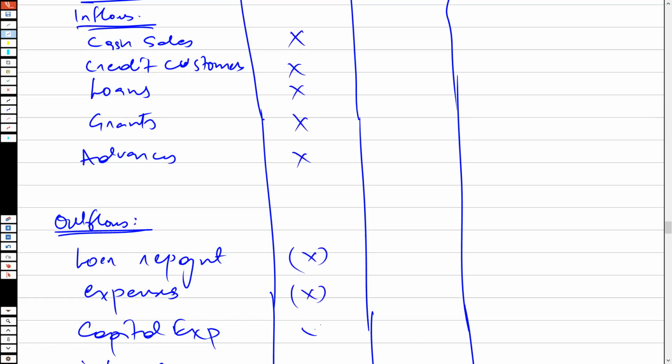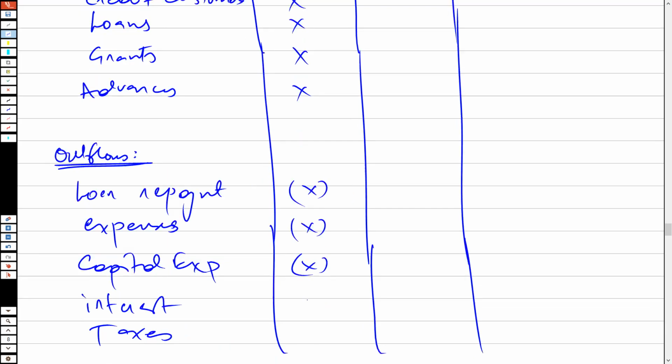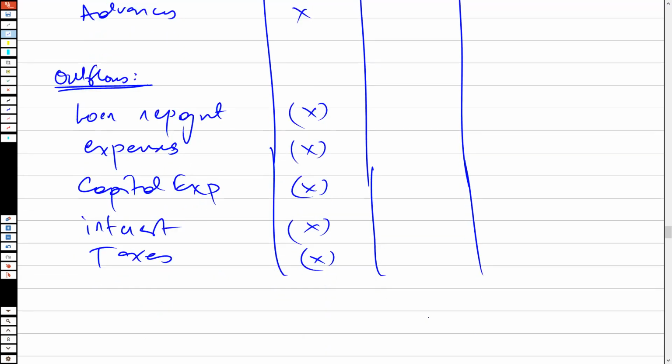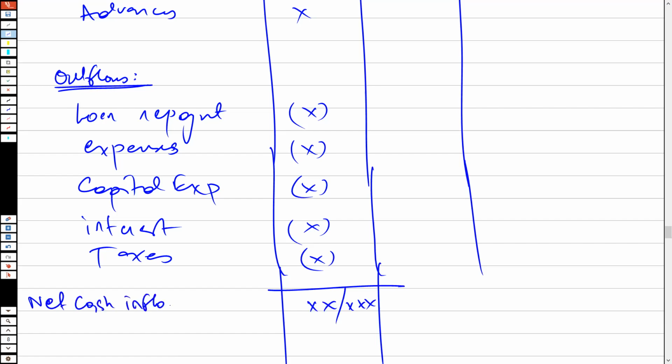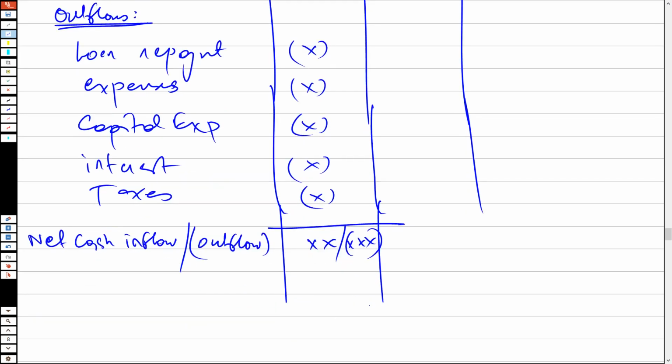When we create a cash flow forecast, we plan out what are going to be the cash inflows and what are going to be the cash outflows that you will have as an entity. So you'll have the net cash inflows and the net cash outflows.